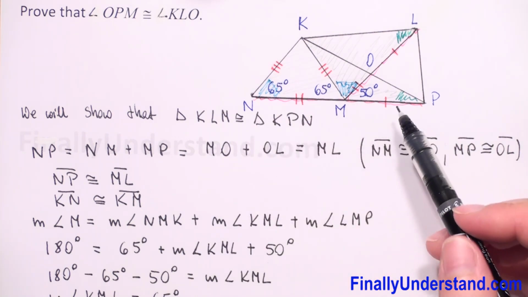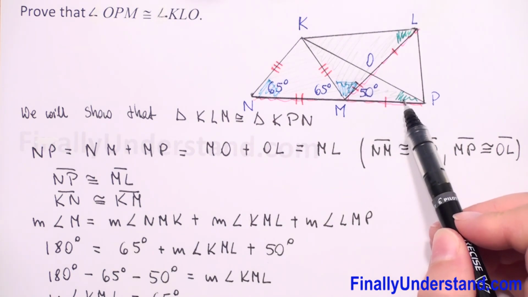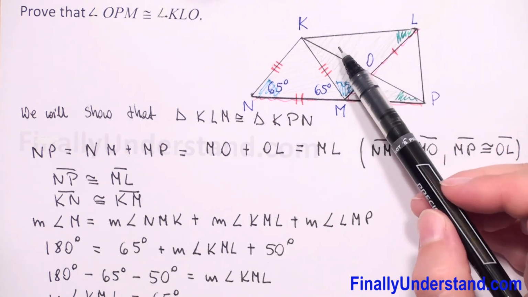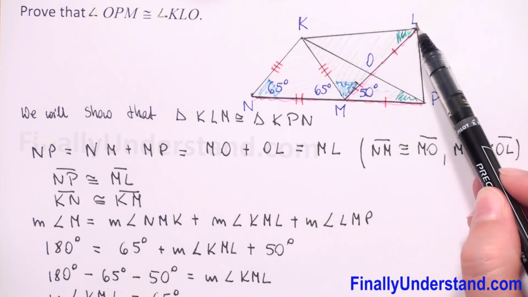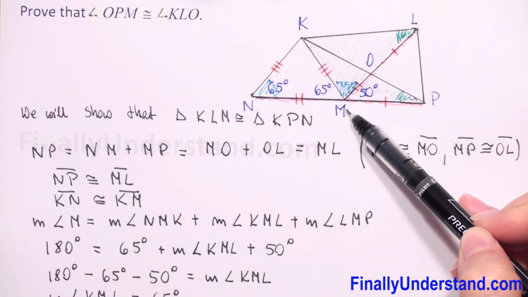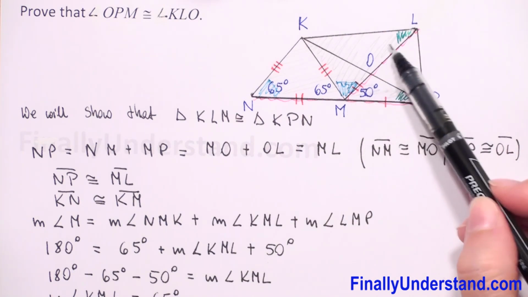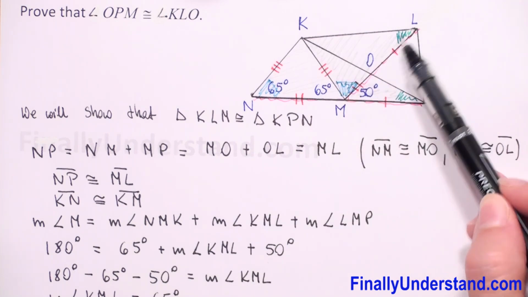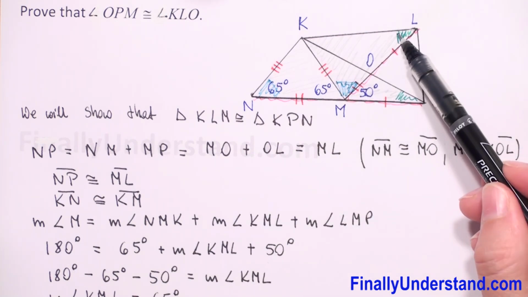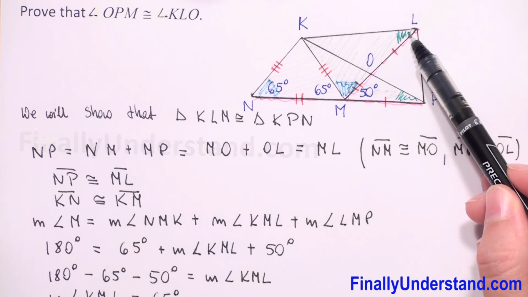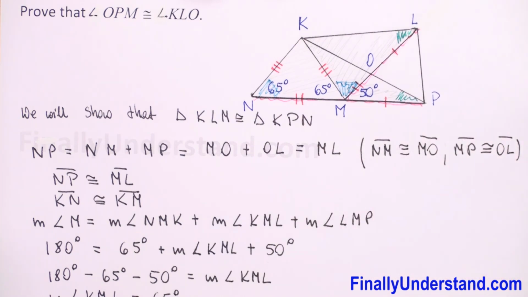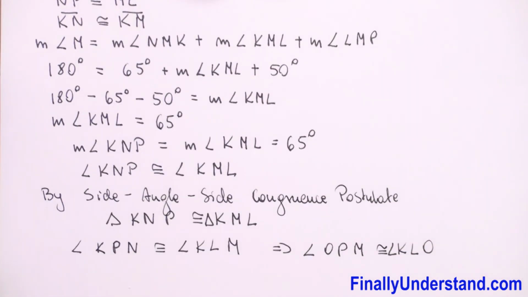It's just different name for this same angle. And the same we have this angle KLM. We can write different name for this angle, KLO. It's the same angle, the same measure of this angle. So this is my solution. We show that angle OPM is congruent to angle KLO.